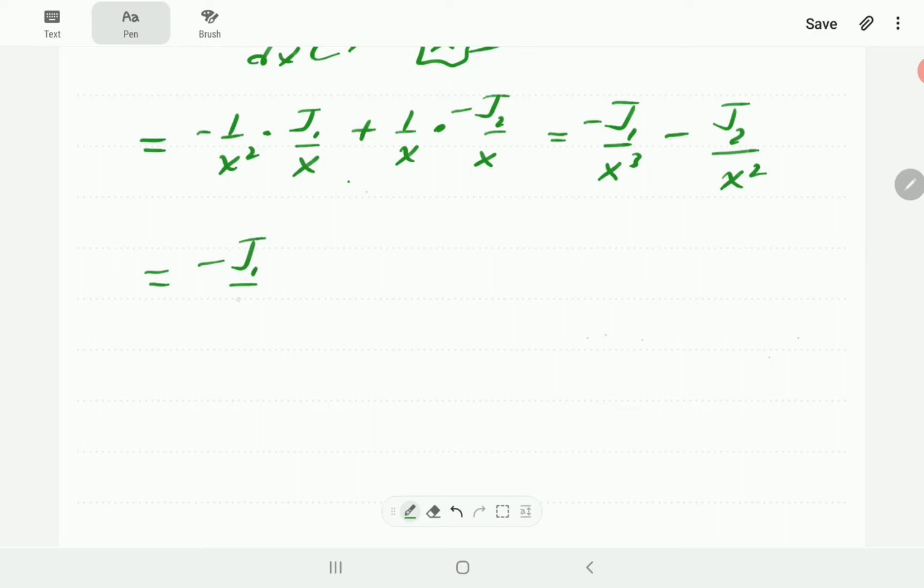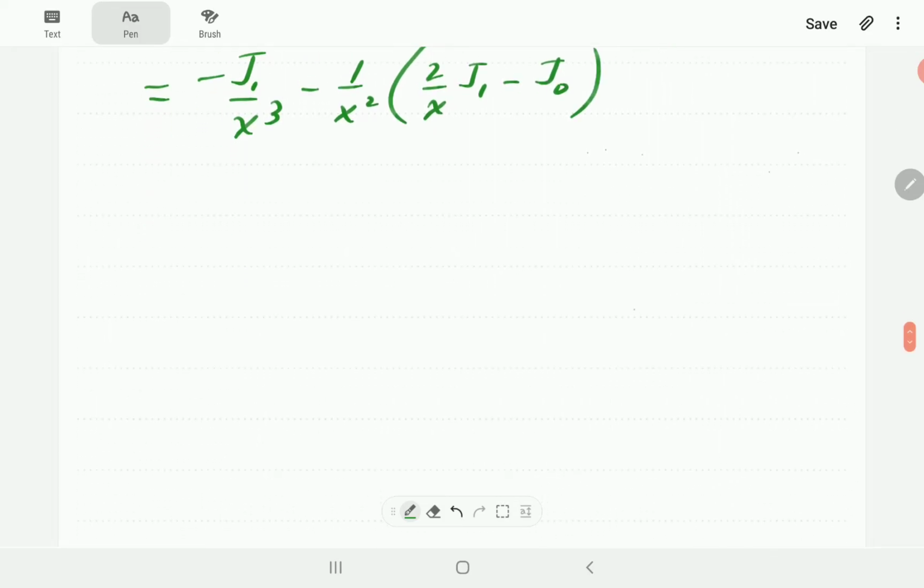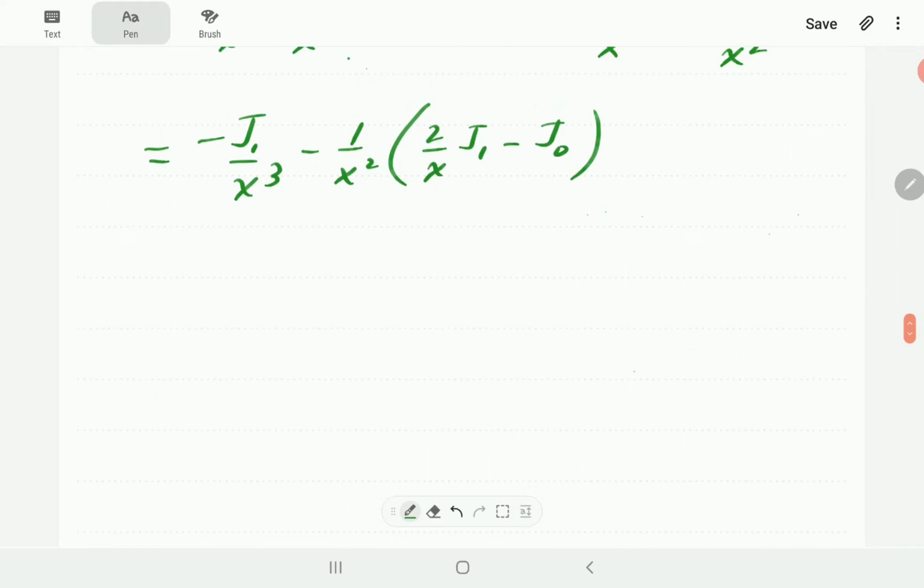So we're going to have negative J1 over x cubed minus 1 over x squared into, remember, J2 is 2 over x J1 minus J0. And so when we remove the brackets here, we're going to have negative J1 over x cubed minus 2J1 over x cubed plus J0 over x squared.